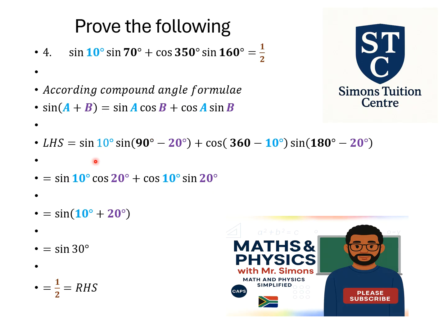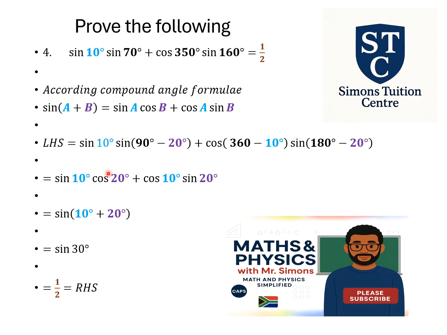So that's sine 10, 90 minus 20, first quadrant. Sine then changes to cos because of 90, so it becomes cos 20. So now I have sine cos. There, 360 minus 10 falls in the fourth quadrant where cos is positive. So that becomes cos of 10 degrees. Sine of 180 minus 20 is in the second quadrant, sine is positive, so that becomes sine 20.